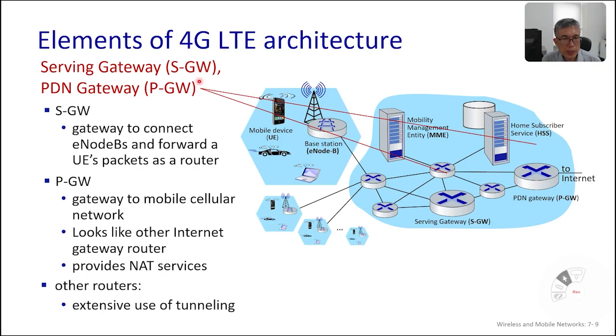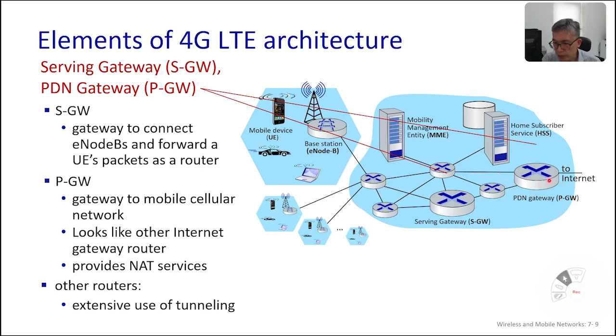Serving gateway, S gateway, and PDN gateway, P gateway. The S gateway is a gateway to connect the eNode Bs. These eNode Bs are connected to the S gateway, which forwards UE packets as a router. Packets are forwarded by the S gateway and eventually forwarded to the P gateway.